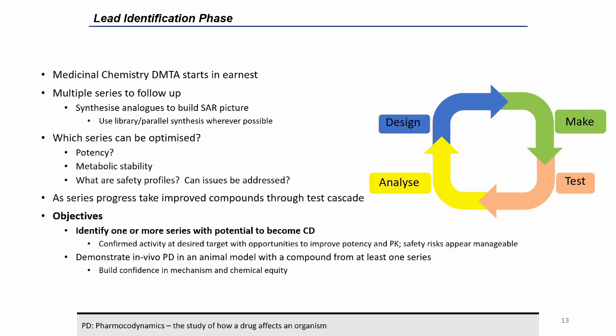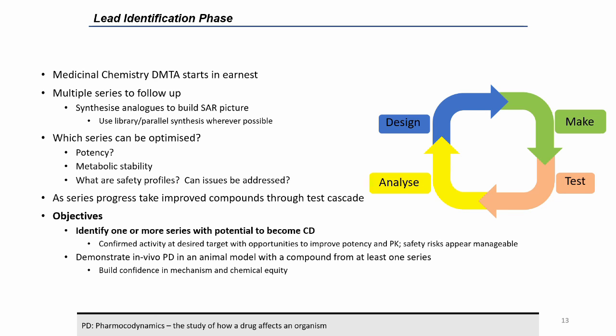And the objective of lead identification is to find one or more series that have the potential to become candidate drugs. So what you want at the end of lead identification is compounds with confirmed activity at the desired target and where you believe there are opportunities to improve probably both potency and pharmacokinetics, and where the safety risks appear to be manageable.